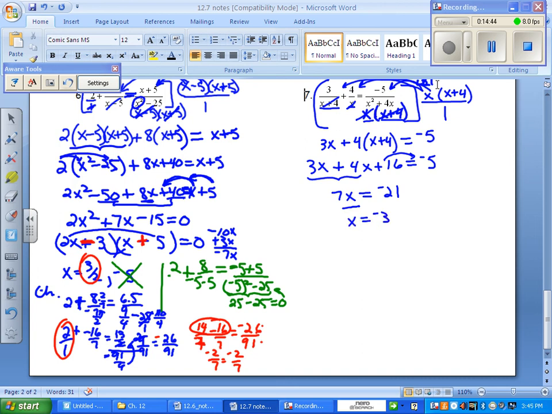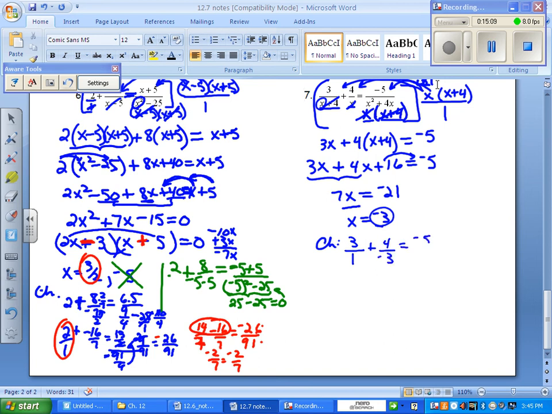When you check that out, you're plugging in a negative 3 for this x. So you're going to have 3 over 1 plus 4 over a negative 3.